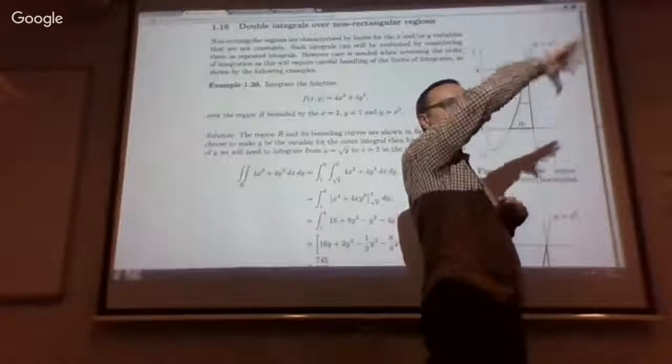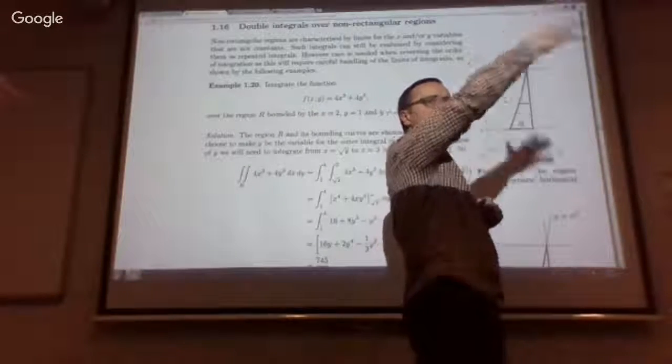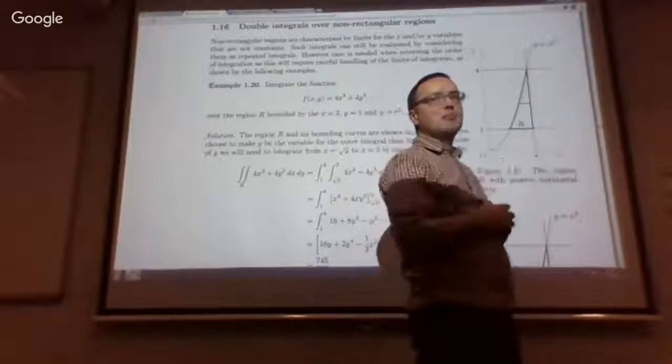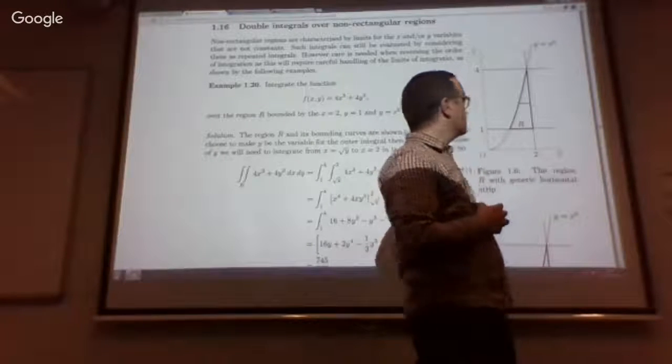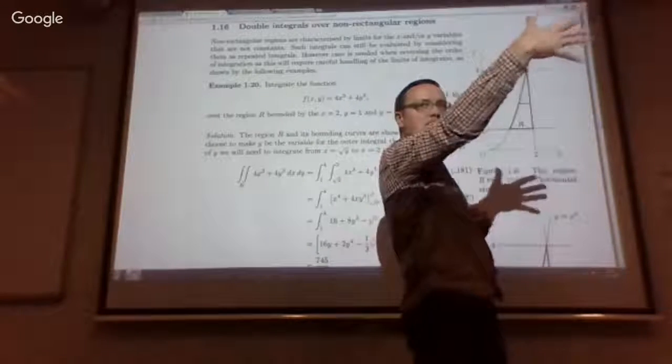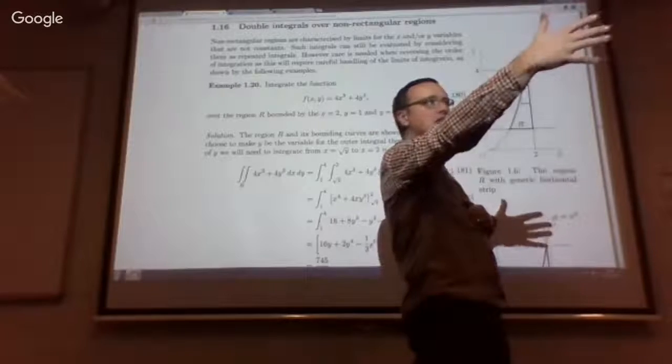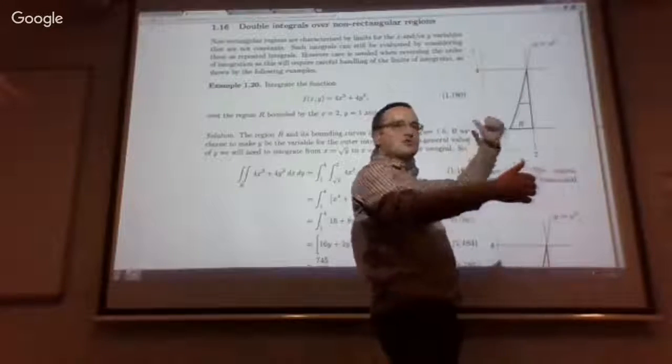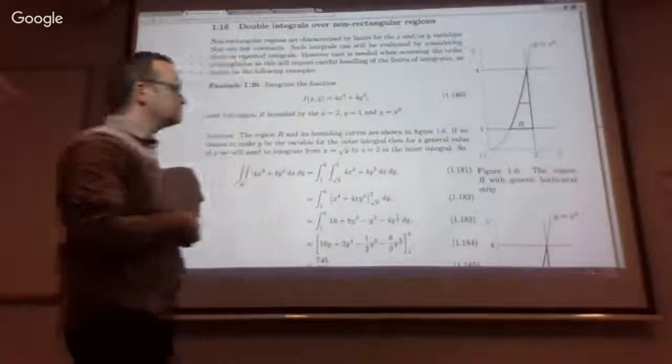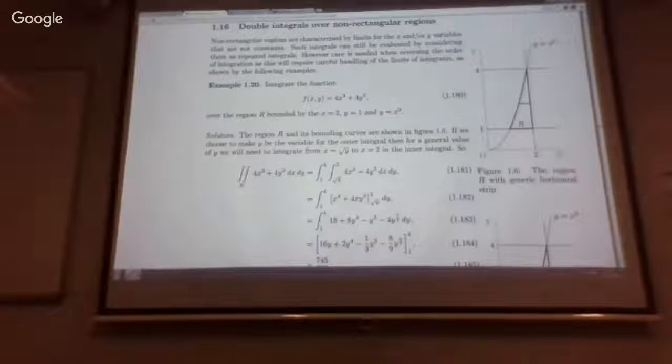So the surface is some undulating continuous surface above the base plane. Where the function is positive, it's on this side, the positive side of the plane. Where the function is negative, it's behind the screen, behind the ground plane. But what we're calculating is the volume of that region, bounded in 3 dimensions by a cylindrical region, bounded at the bottom by this region in the base plane R, and the boundary at the top is provided by the surface, z equals f of xy.